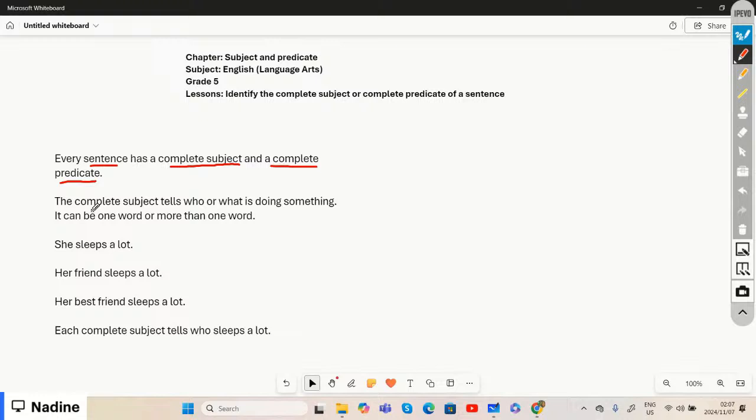And the complete subject of a sentence tells us who or what is doing something.